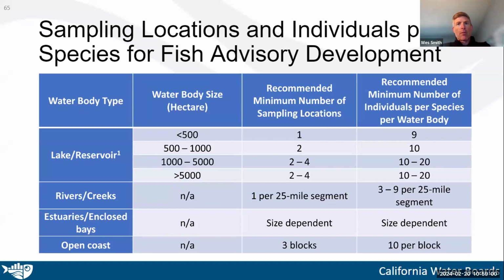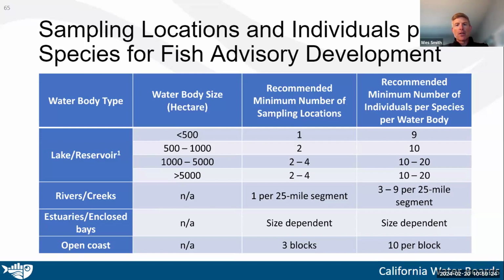And that's just so we have confidence in the data, so we have confidence in the advice we produce for that specific water body. Rivers and creeks are really a site-specific consideration. The general idea is 1 sampling location per 25-mile segment, and then a recommended 3 to 9 individuals per 25-mile segment.